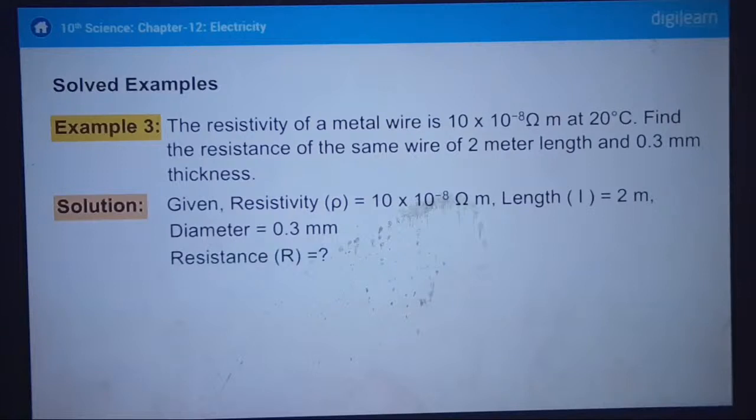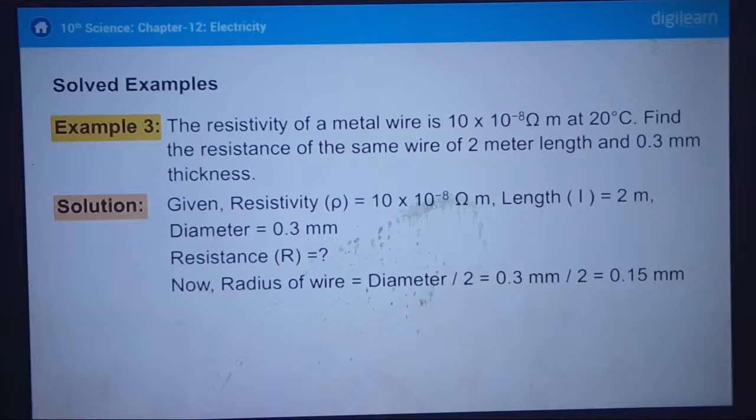Resistance R to be found out. Now, radius of wire equal to diameter by 2, that is equal to 0.3 millimeter by 2 equal to 0.15 millimeter, that is equal to 1.5 into 10 raised to minus 4 meter.